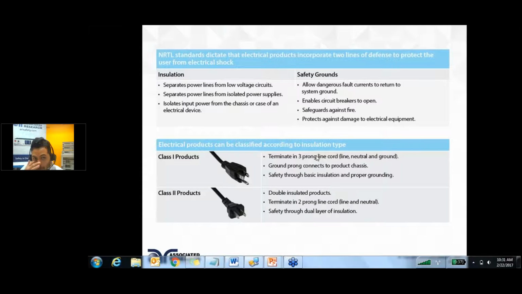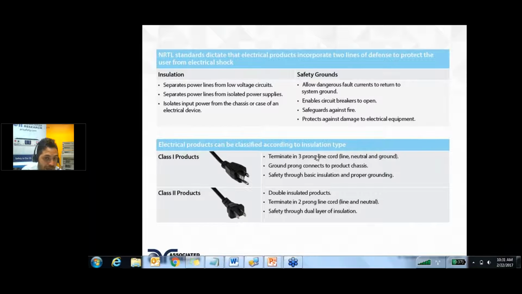Now, the second layer of defense that some products have is the safety ground. It allows dangerous fault current to return to the system ground. So what's that mean, right? That means any current that falls off that line neutral circuit and falls off those low voltage circuits, well, it wants to go somewhere.